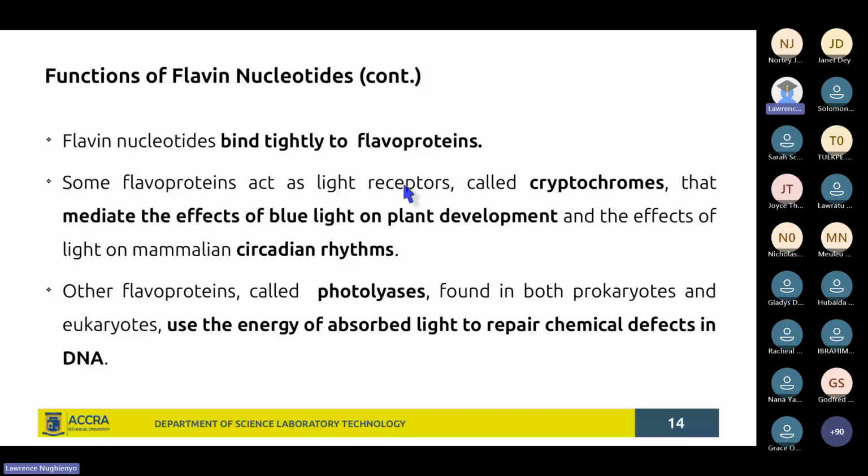They mediate the effect of blue light in plants. If you observe that in the morning, for instance, the leaves are opening, you have the flowers opening, and in the evenings, the flowers close or the leaves close.